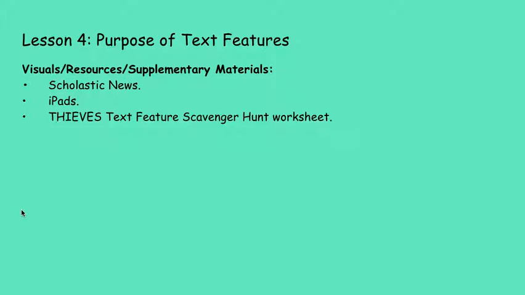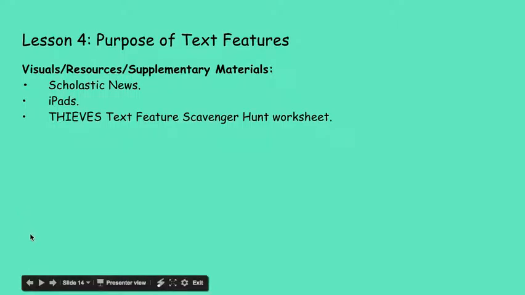And then we're going to be looking at the THIEVES text feature scavenger hunt worksheet. So this is not as high tech as we've been in the past couple of lessons. This is just a worksheet where we're going to be writing down text features we saw and how they helped us, but it's still really a good way to get the kids excited to be hunting for those text features.